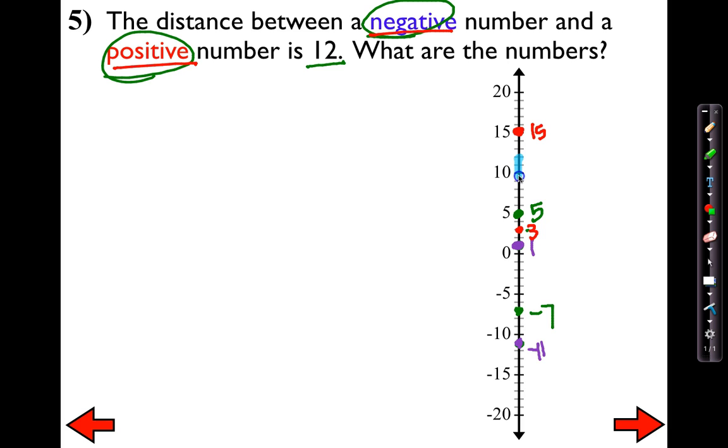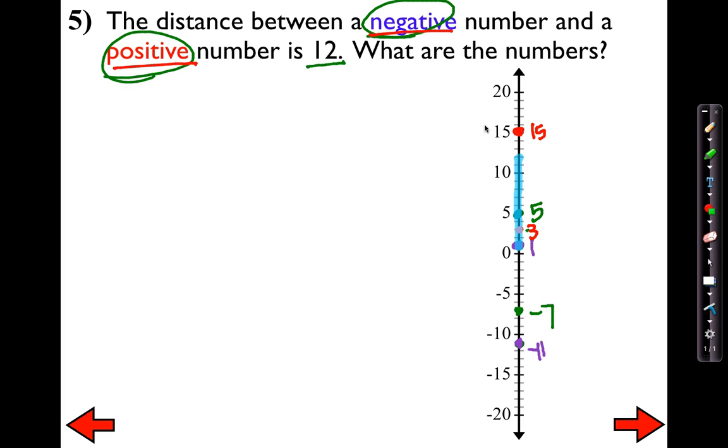So 1, 2, 3, 4, 5, 6, 7, 8, 9, 10, 11, 12. That would only give me 0, which is not negative. So you could have chosen any positive number less than 12, or you could have done the reverse. You could have chosen anything that was greater than negative 12. But there are multiple answers.